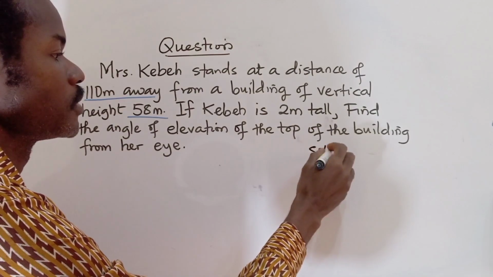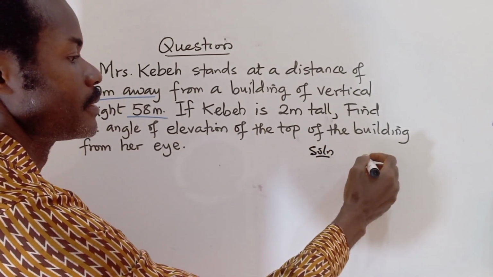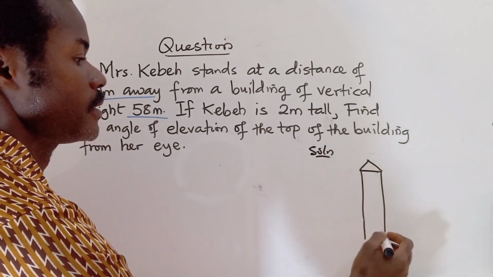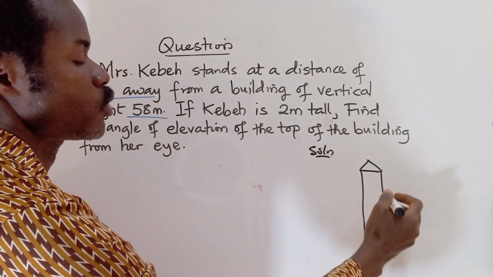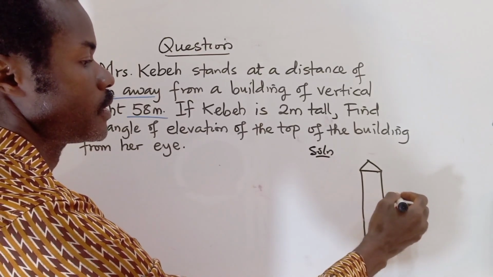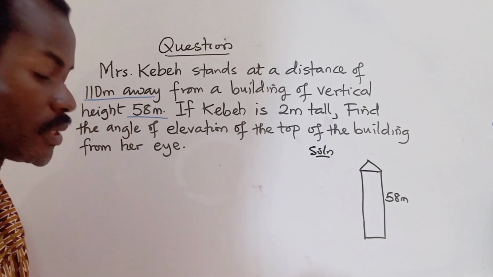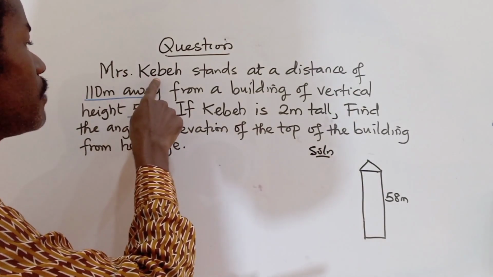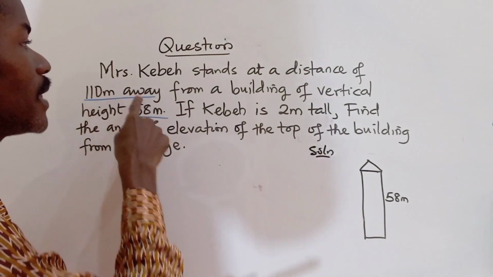So our solution, let's say this is the building, and this building is 58 meters according to the question. And Mrs. Kebe stands 110 meters away.